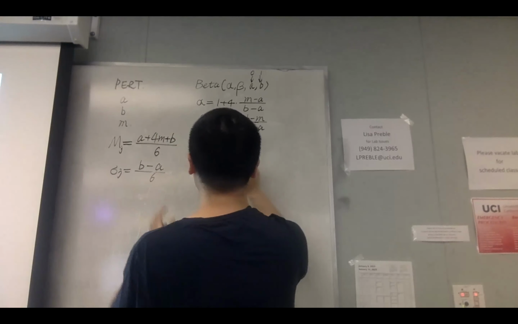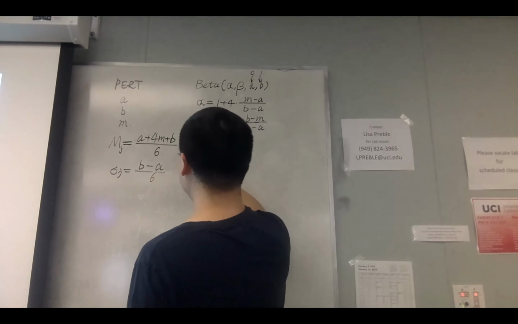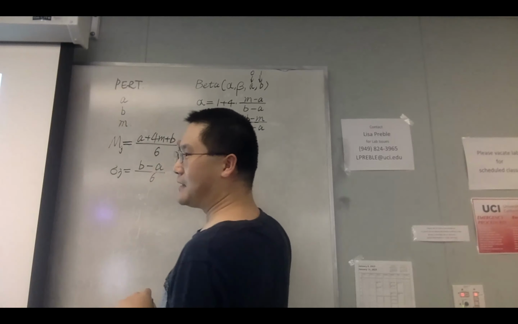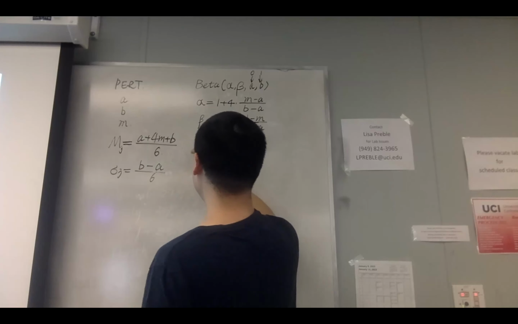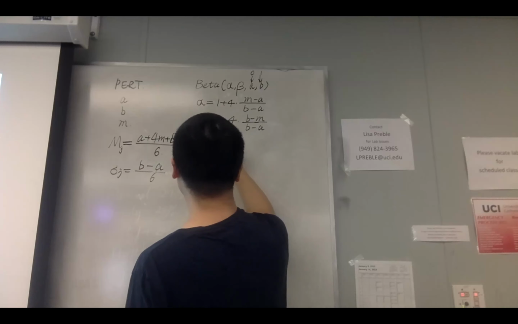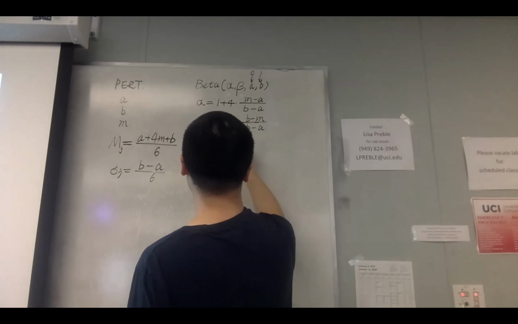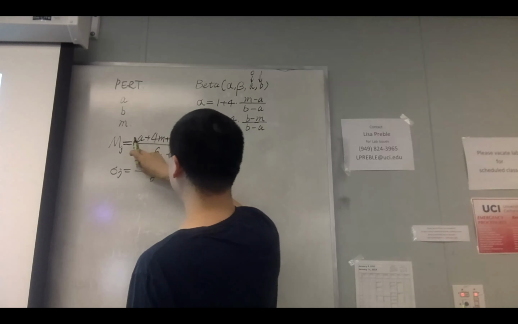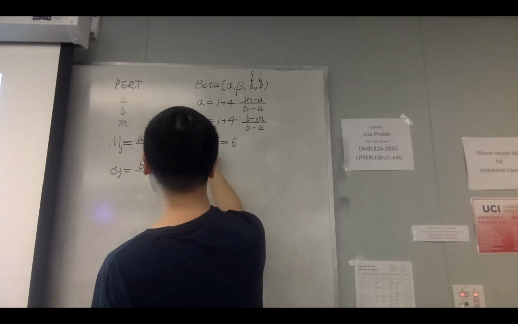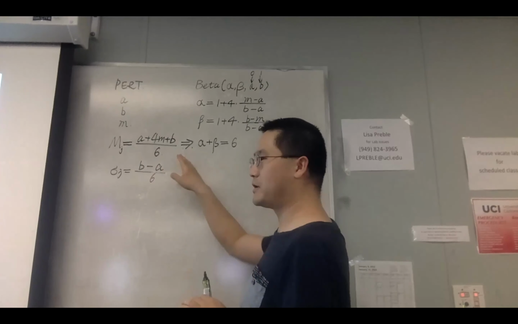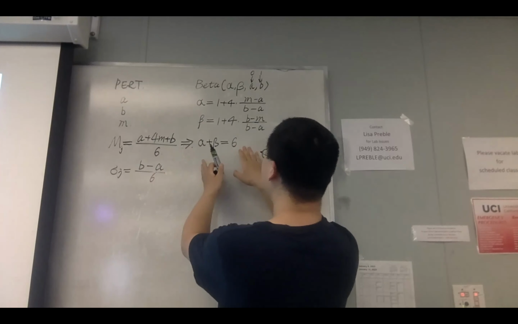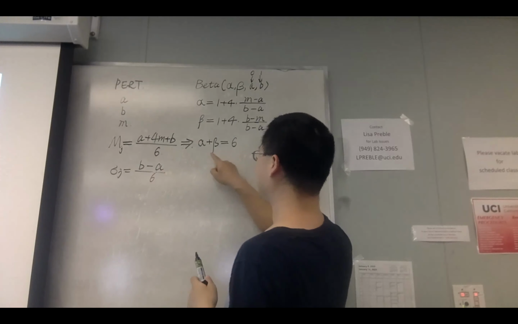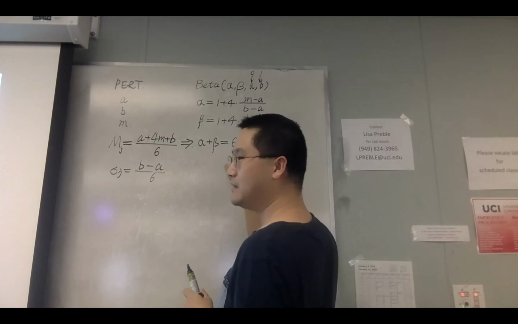So given these, if we need to find the exact formula that looks like the PERT approximation, this would mean that any alpha plus beta that equals 6 would satisfy this. So that means if we use PERT approximation, the underlying beta distribution has a relationship so that the sum of alpha and beta equals 6.